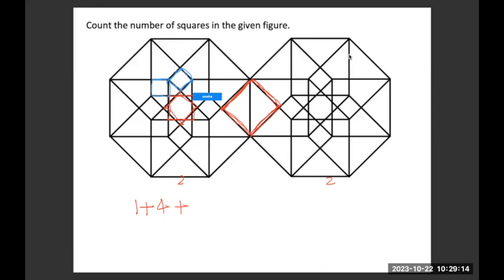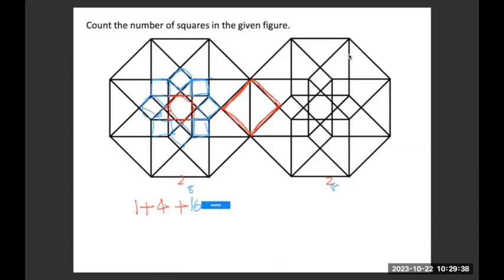such small squares happening on all the 8 sides. 8 plus 8, or I'll just write 16. So 8 on this side, 8 on this side.